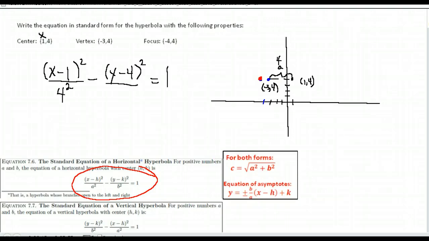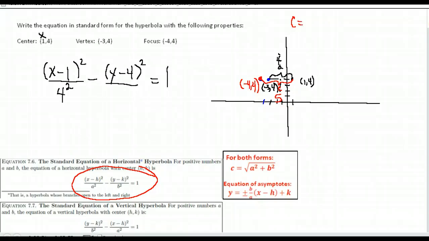So right here, I have a squared underneath, or 4 squared. b, I don't have here. b would be the vertical distance that forms my asymptotes and helps me draw my curve. But what I'm going to use to find it is the value c, because I can tell what c is. It's the distance from the center to the focus point, so the distance from (1, 4) to (-4, 4). And that would be a distance of 5 to get from 1 to -4.